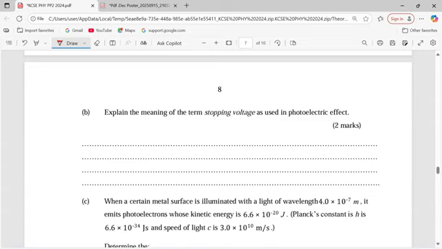Then part B, explain the meaning of the term stopping voltage as used in photoelectric effects. This is the minimum voltage above which no photoelectrons can reach the anode.